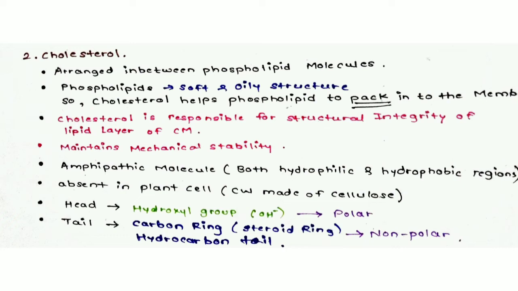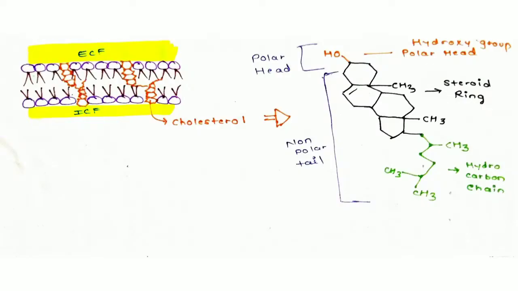So the cholesterol is arranged in between the phospholipid molecules, in a similar manner to the phospholipids, because phospholipid and cholesterol have similarities in structure, with polar and non-polar regions.